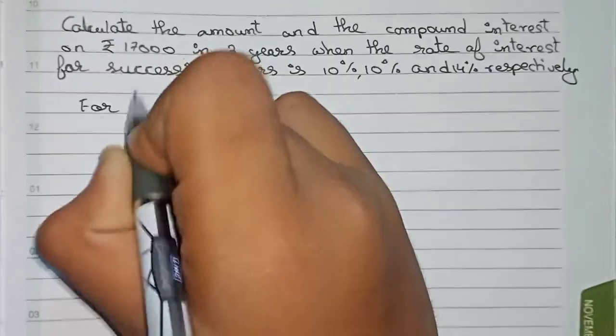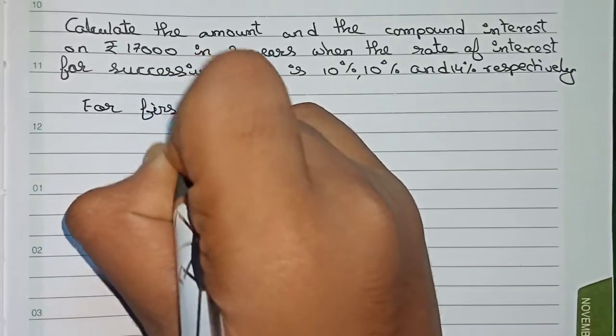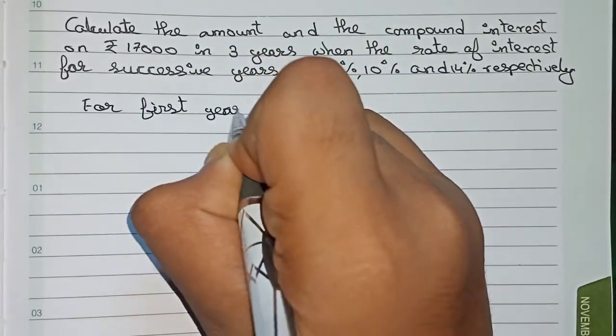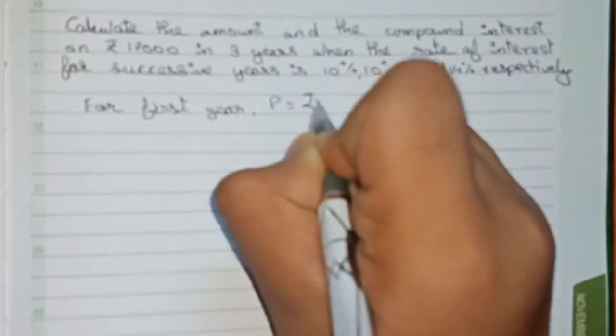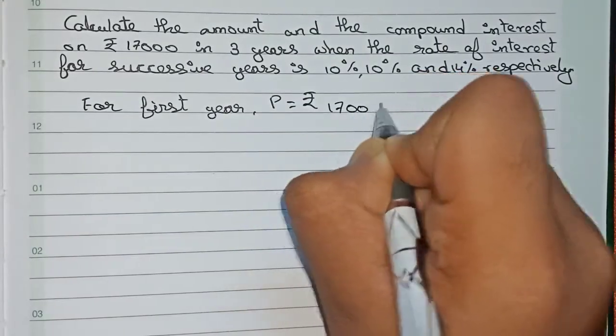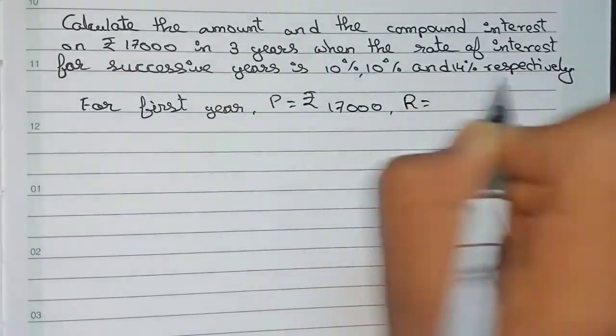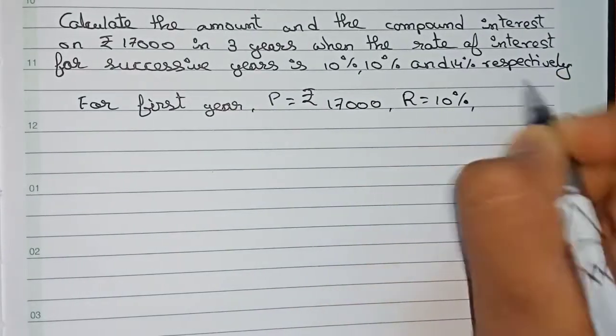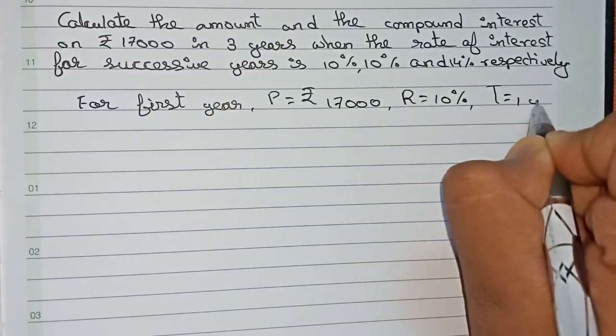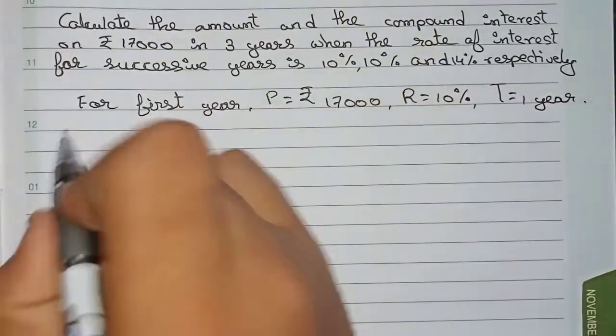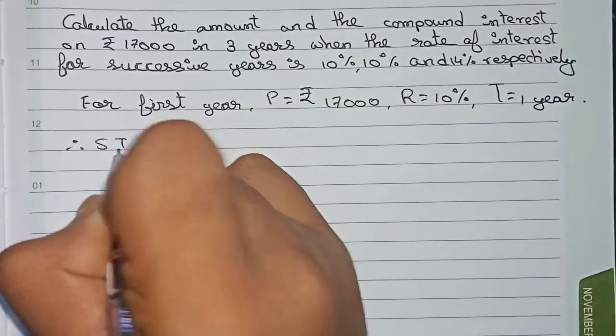For the first year, the principal is 17,000. The rate of interest is 10% and the time is 1 year. So now we write the SI for the first year.